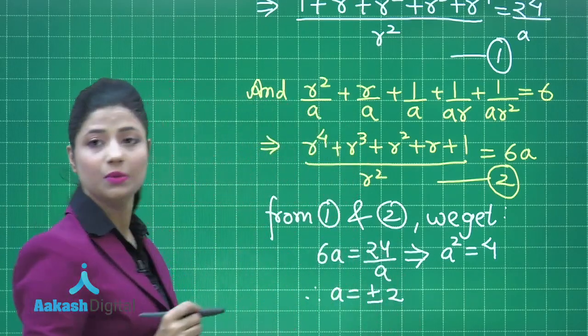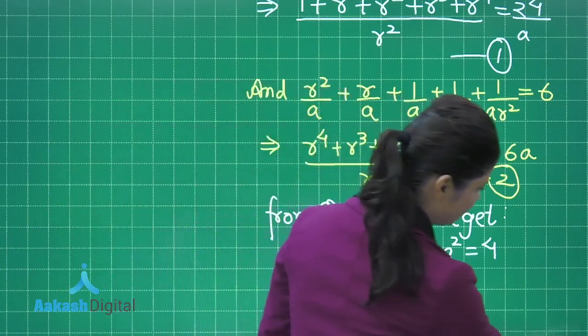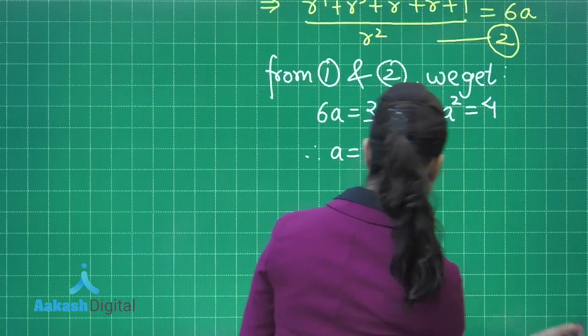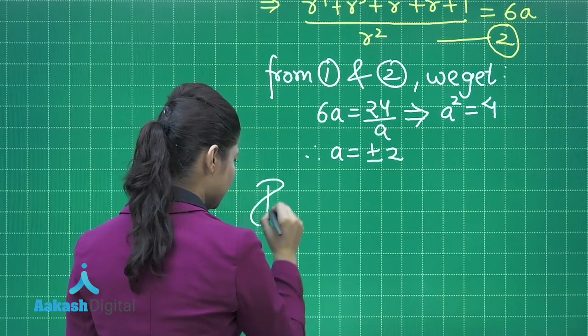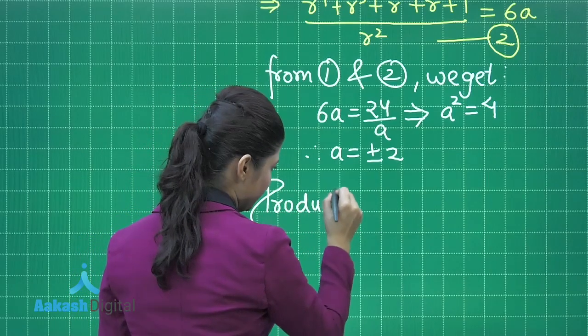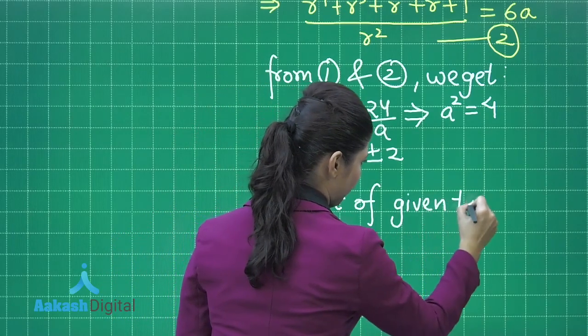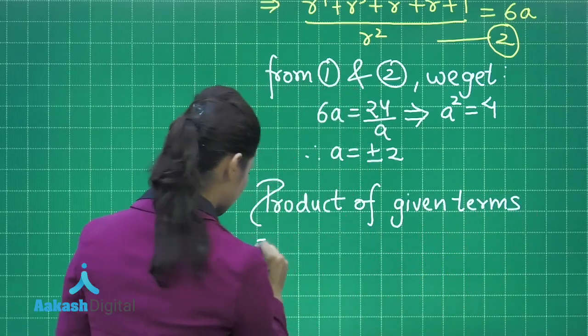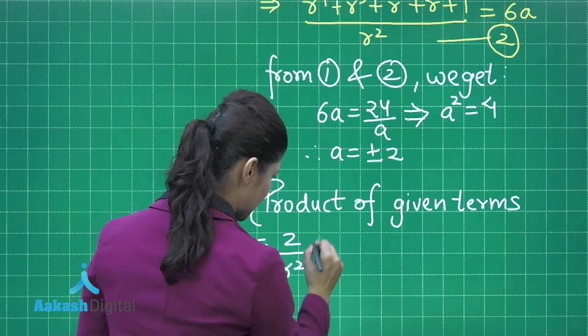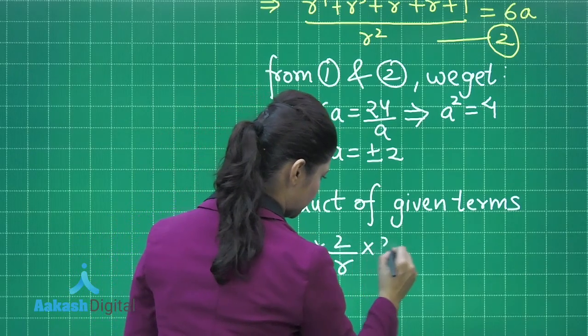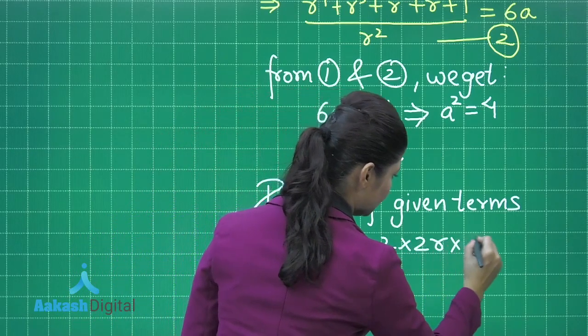Now here a is equal to plus minus 2. I can obtain the product of the given terms. The product will be equal to 2/r^2 into 2/r into 2 into 2r into 2r^2.